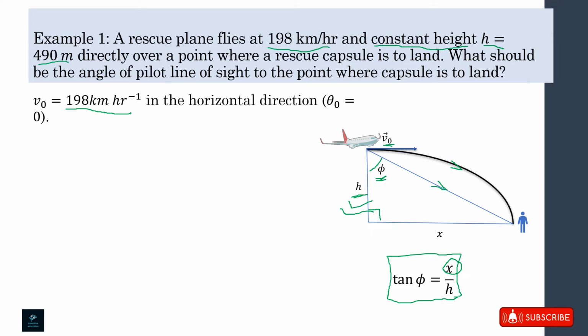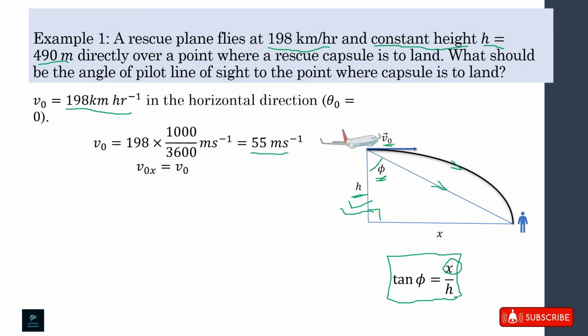Therefore, in meters per second, v0 is equal to 198 into 1000 divided by 3600. And if we calculate it, we will find that it is equal to 55 meters per second. So the initial velocity of the rescue capsule is 55 meters per second in the horizontal direction.